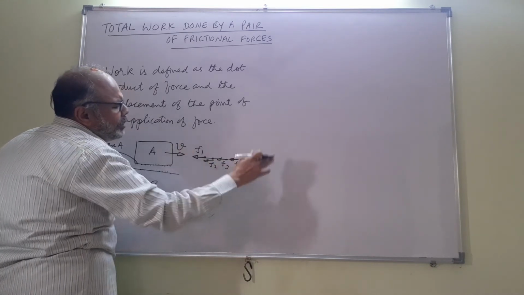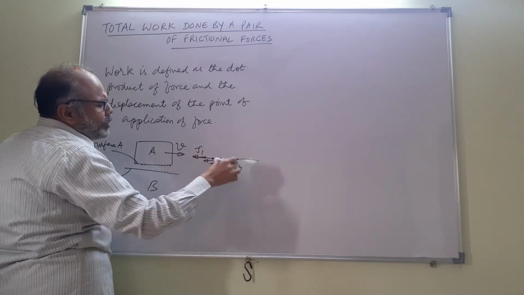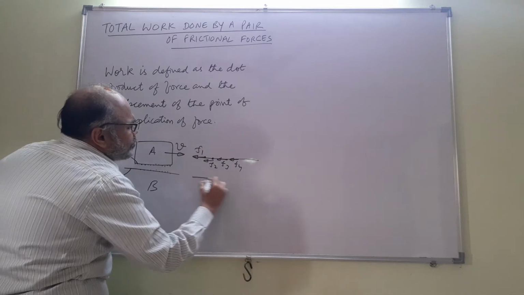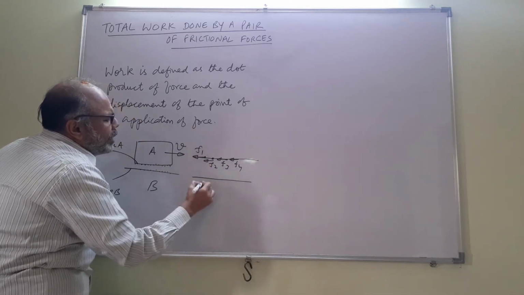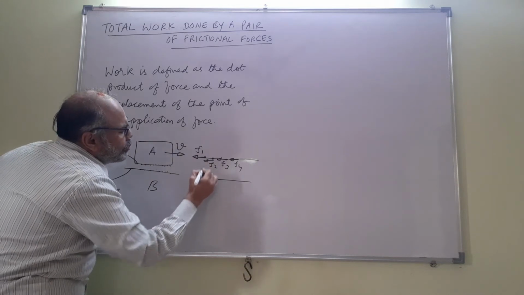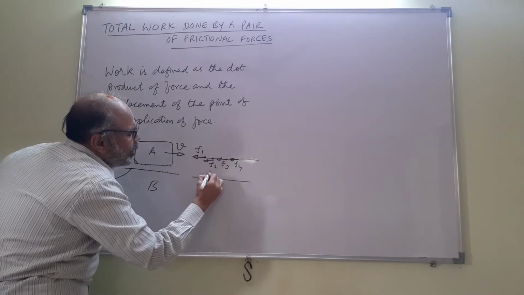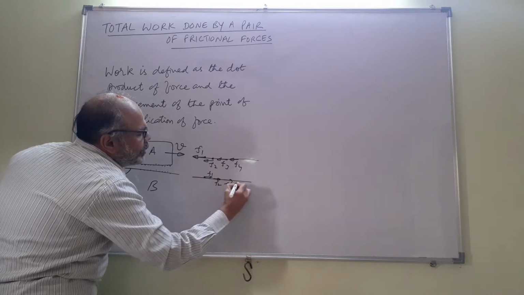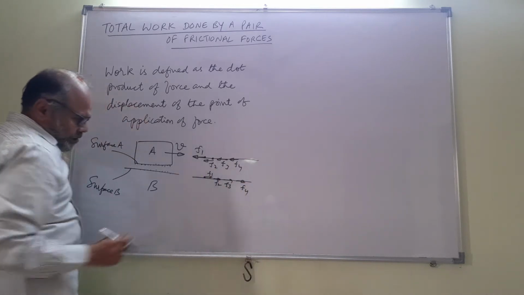So on for the number of points we are showing. And similarly on this surface, by Newton's third law, the corresponding contact forces would be F1 like this, F2 like this, F3, F4, etc.